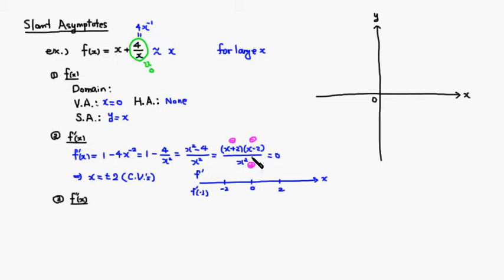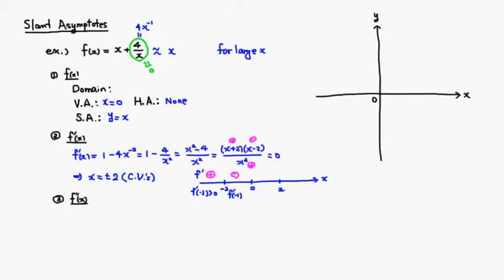So negative over positive is going to be positive. We have the positive sign here. Between negative 2 and 0, we can try f prime of negative 1. Negative 1 plus 2 is positive, negative 1 minus 2 is negative, and the denominator is positive, so it's going to be negative there.